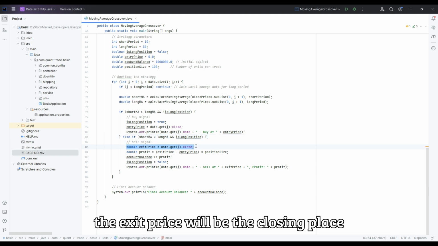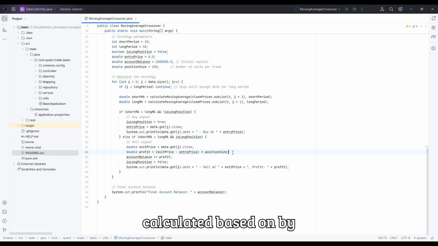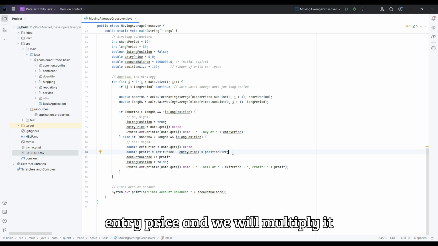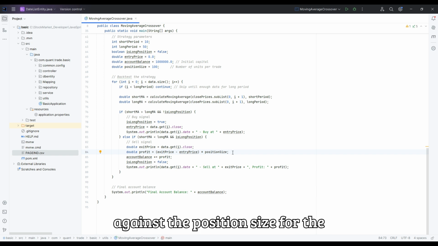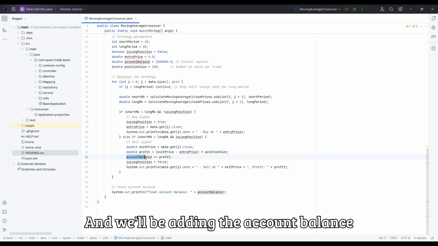So the exit price will be the closing price of the given day, and the profit will be calculated by subtracting the entry price from the exit price and multiplying it by the position size, the given number of stocks. And we'll be adding the profit to the account balance.